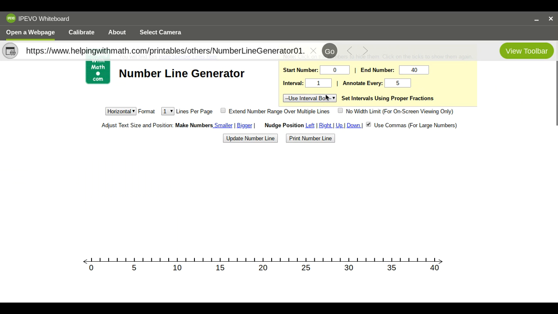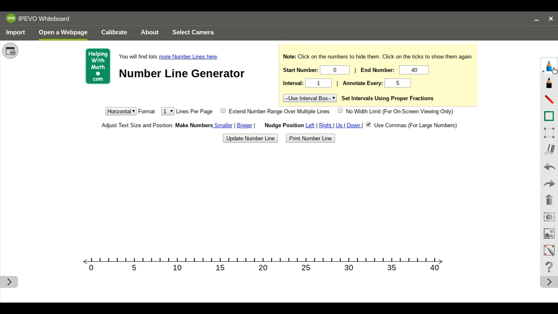So let me pull up my number lines here and then we can get started. When we talk about a rational number, a rational number is going to be a number that is the quotient of two integers. So I typically will represent a rational number in form a over b, right?